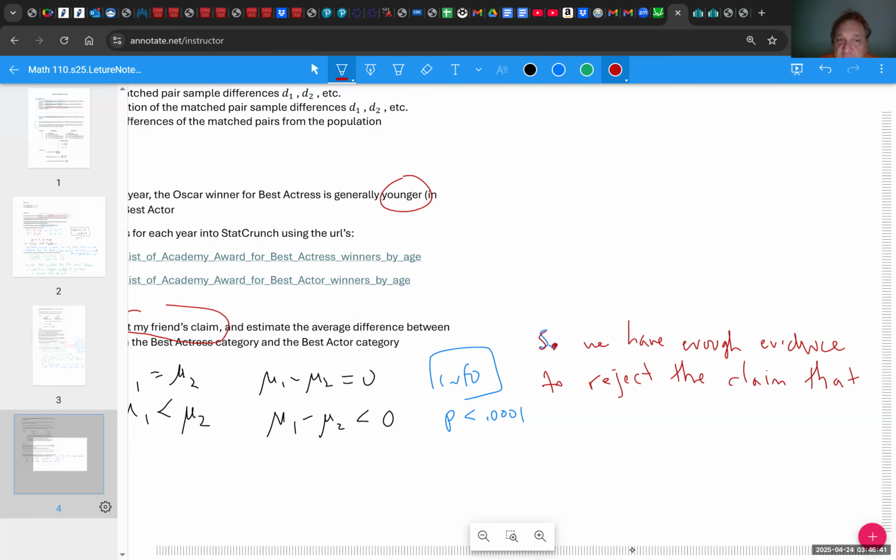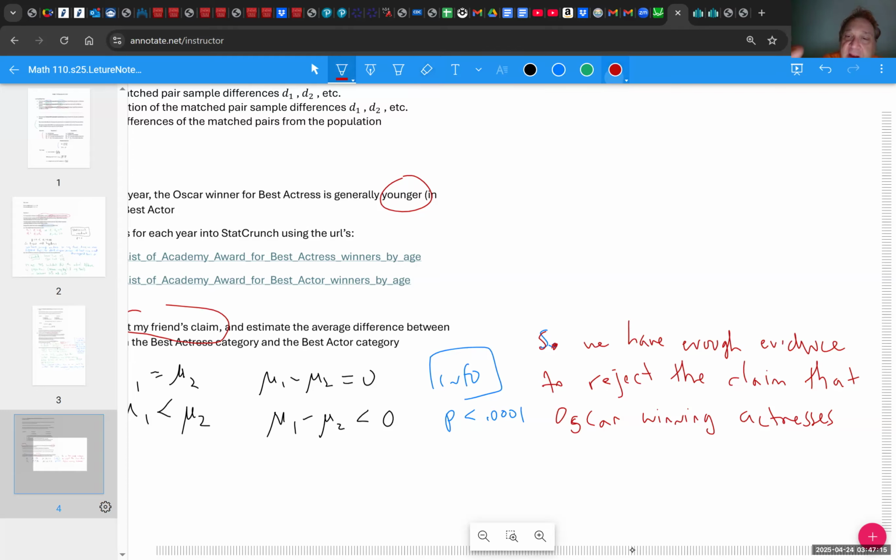that, well, the claim was, the null hypothesis claim was that they're equal, that the Oscar winning actresses are the same age. Okay, so I guess I actually put the word mean in there, that the Oscar winning actresses, oh, I didn't even put what we're measuring.